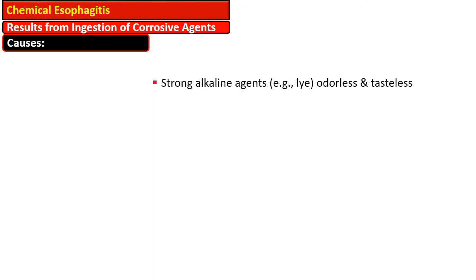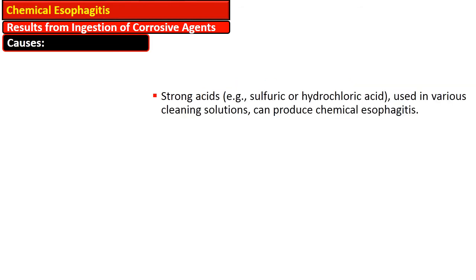With strong alkaline agents such as lye, esophagitis is common because these alkalis are odorless and tasteless. Strong acids such as sulfuric or hydrochloric acid are used in cleaning or detergent solutions, and they can also produce chemical esophagitis.